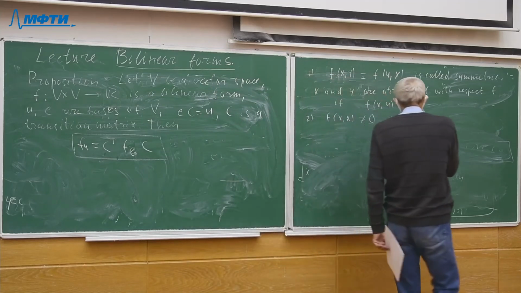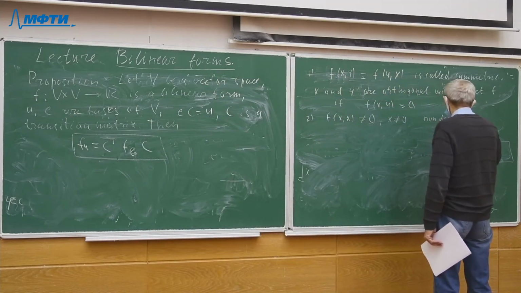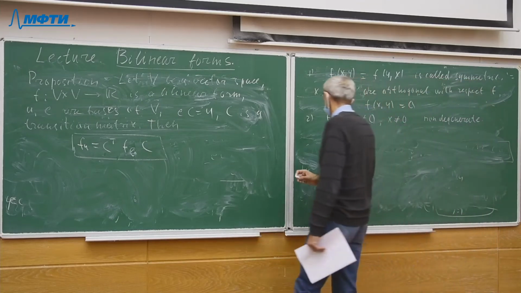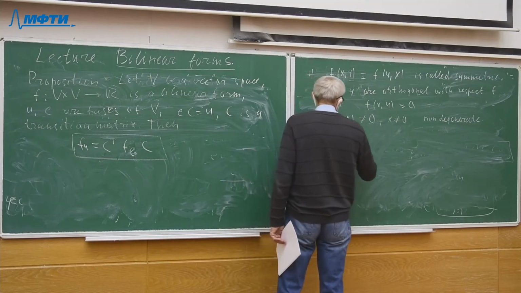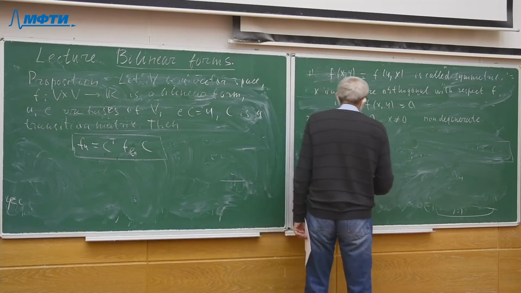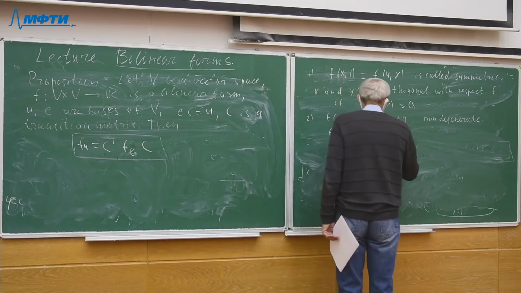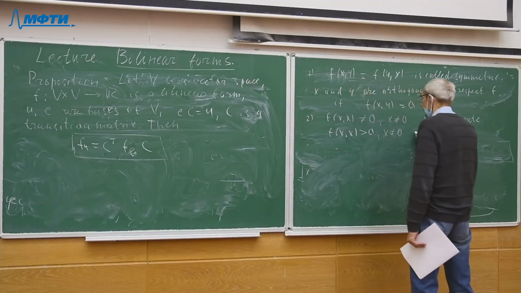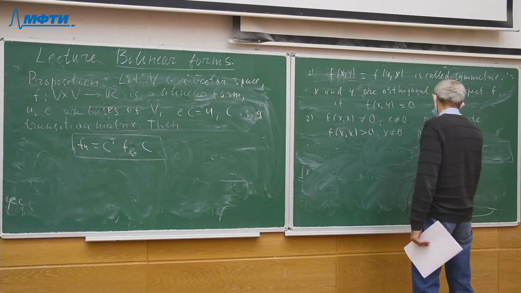Such a bilinear form is called non-degenerate. And if F(x, x) is strictly greater than 0 if x is not 0, such a bilinear form is called positive definite.